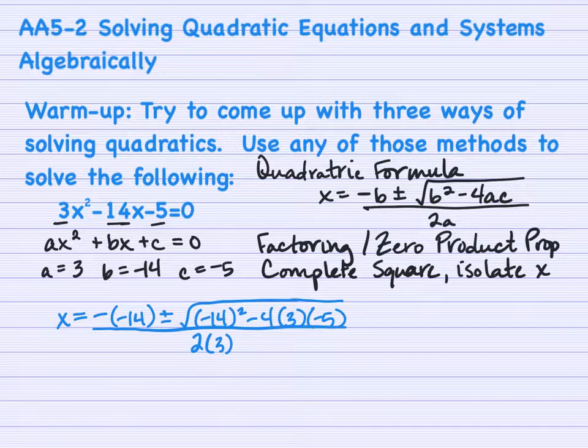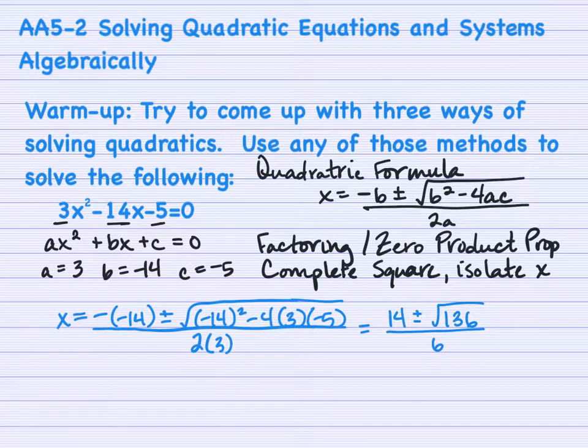So when I simplify this, I'm going to take this part under the square root sign and plop that into my calculator. And what I get is 14 plus or minus the square root of 136 divided by 6.